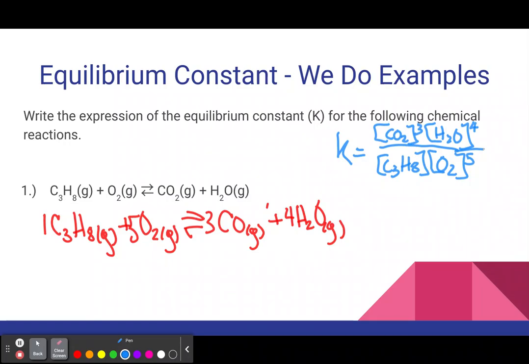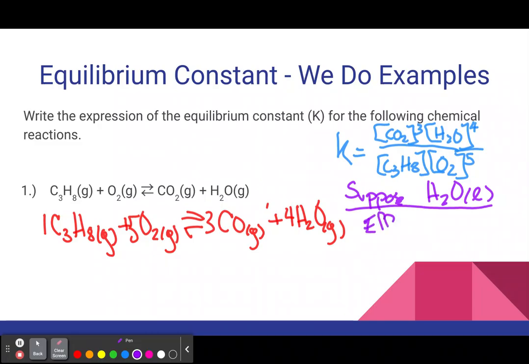Now, the one thing I want to pose as a hypothetical is: suppose the water was actually liquid H2O instead of steam. How would this affect the equilibrium constant?